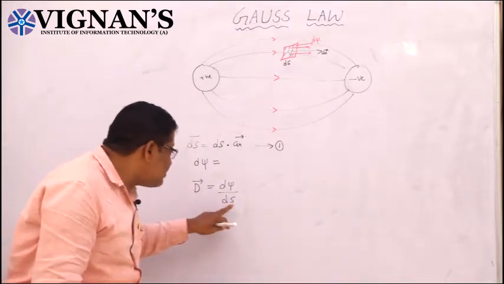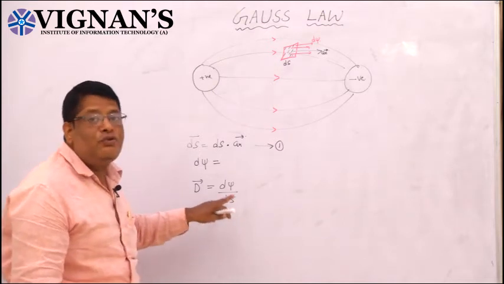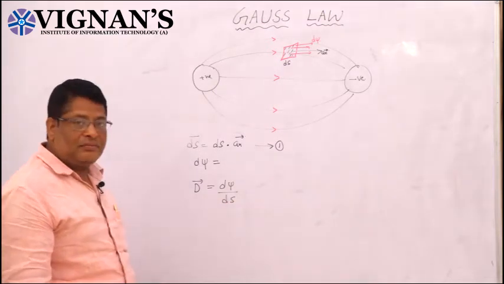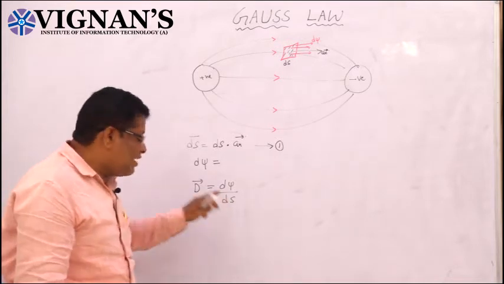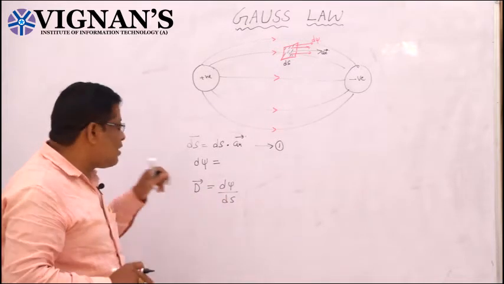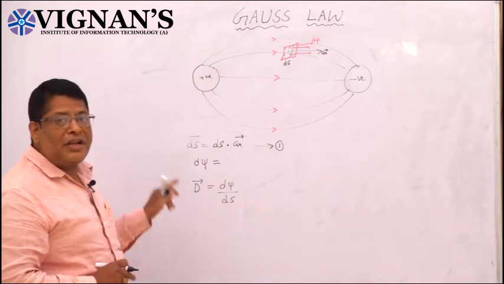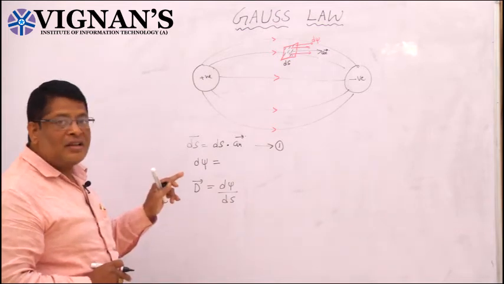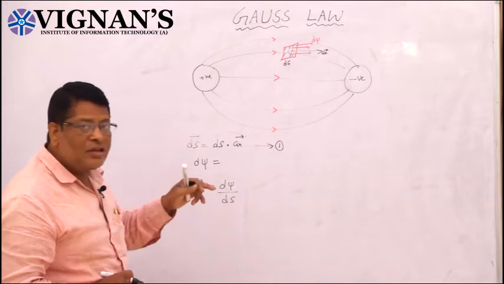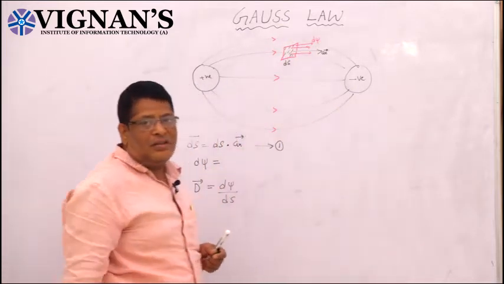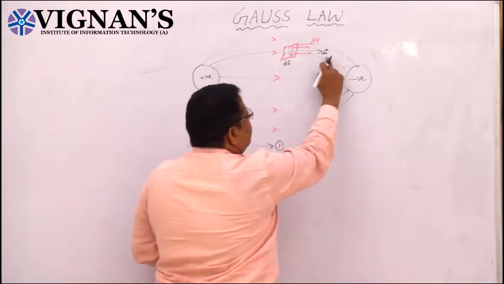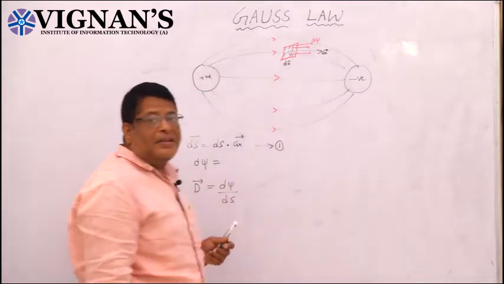See here, dS is only a magnitude, it is not a vector here. Unit area, d psi by dS. Now what is the direction of D bar? The direction of D bar is always the direction of the flux which is leaving from the surface. That is also a_n bar.